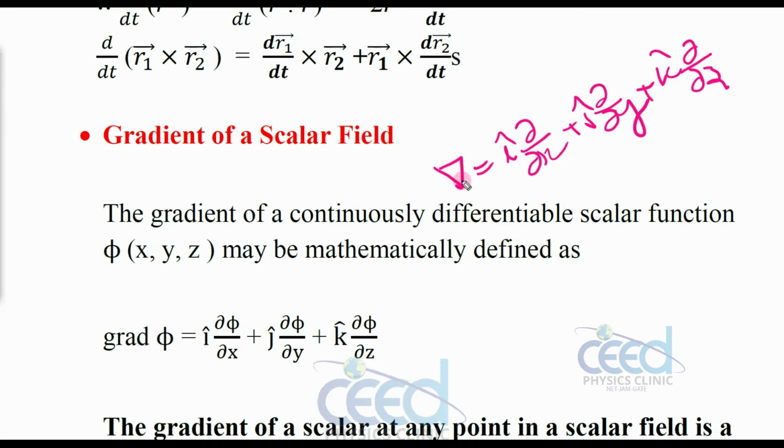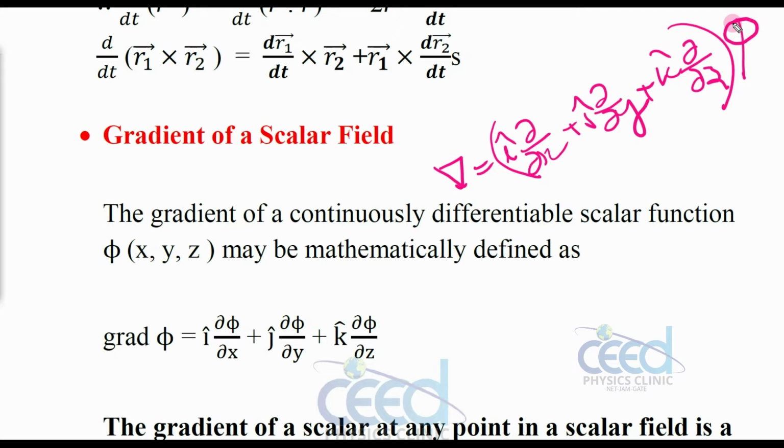So what is the gradient of phi? If this operator acts on a scalar function, not a vector function, then we call it the gradient of phi. Let us come to the physical significance of this.